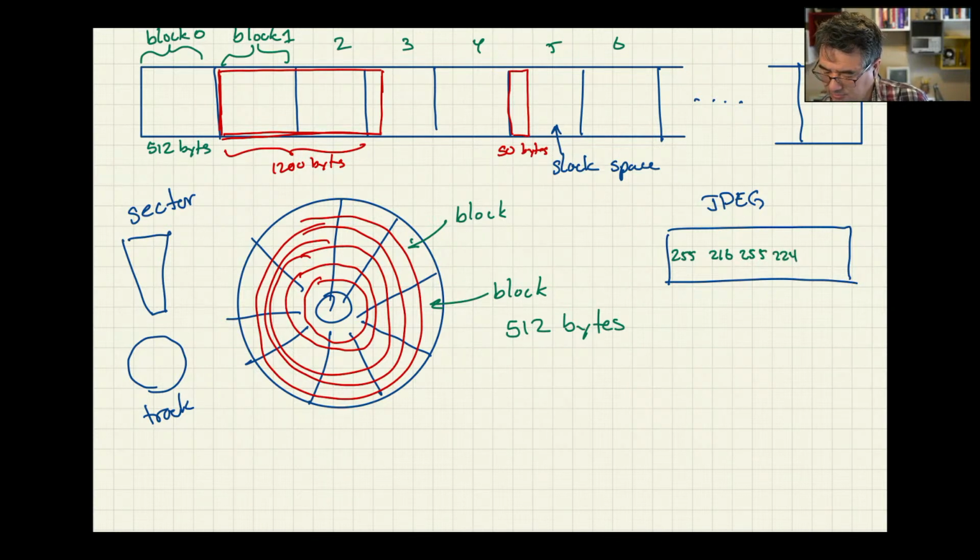So those 4 bytes always appear at the beginning of a JPEG. And that 224 on the end could be either a 224 or a 225. So all JPEG images begin with one of those two 4-byte sequences.